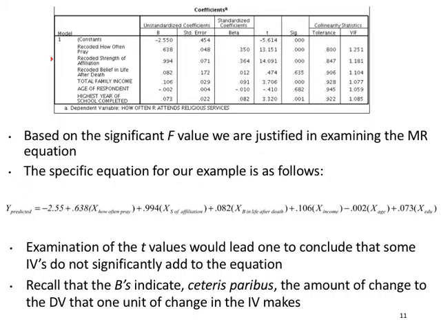So what is the predicted value if everything were 0? If all of the independent variables are equal to 0, what's the predicted value going to be? Minus 2.55.